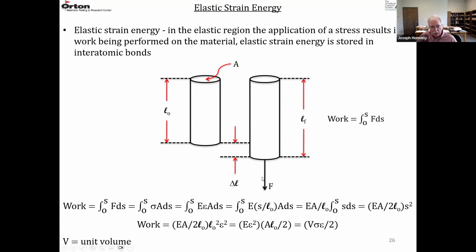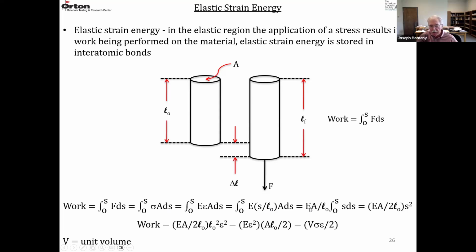S is the amount of deflection that's taking place. We can substitute for F, sigma times A. We've defined that. We can substitute for sigma, putting in E epsilon. We've also defined that. In this case, the strain is just the deflection S divided by L0.